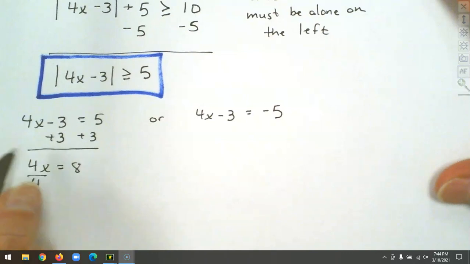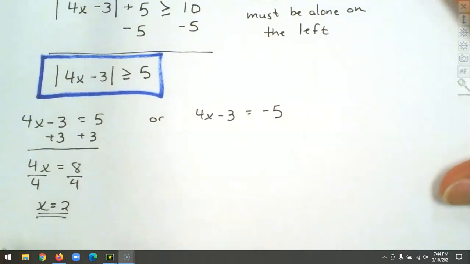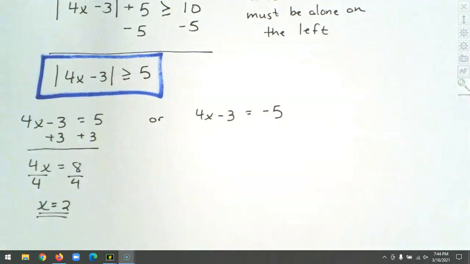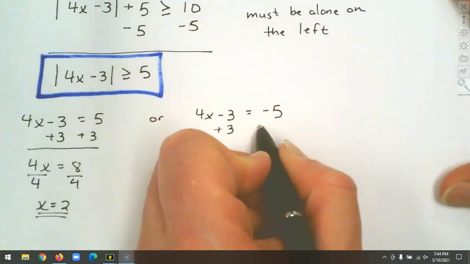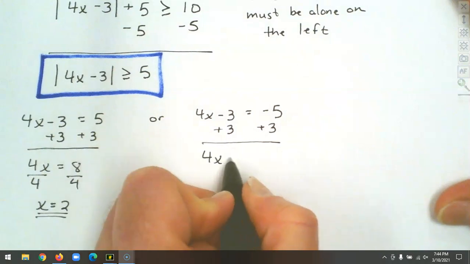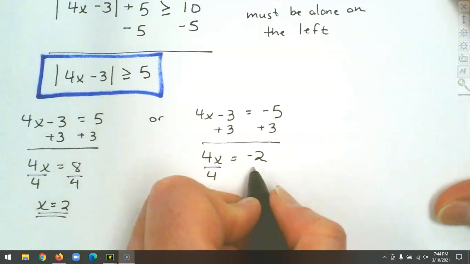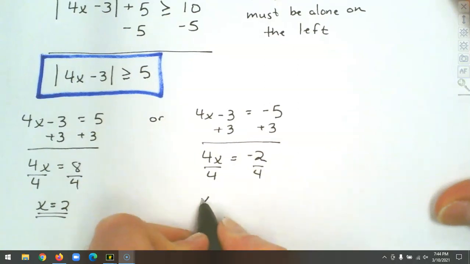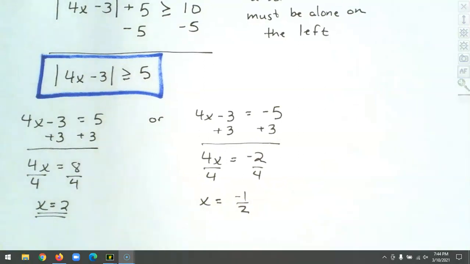Divide by your 4. And one of the numbers on the number line is now a 2. Repeat the process for the other one. Add your 3 over. And so 4x equals now a negative 2. Divide by your 4 and reduce. So the other one is going to be a negative 1/2.